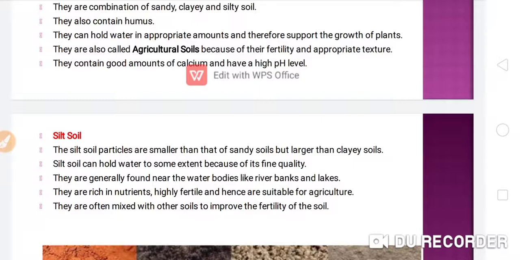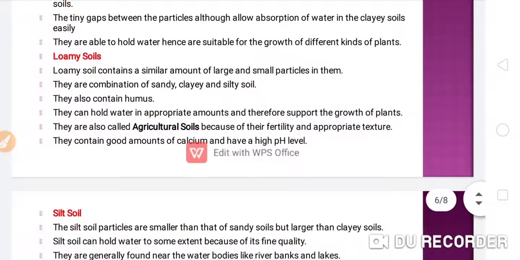They are rich in nutrients, highly fertile and hence suitable for agriculture. Now the last point, they are often mixed with other soils to improve the fertility of the soil. So these were the specific things about silt soils.